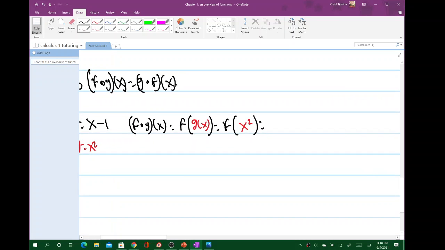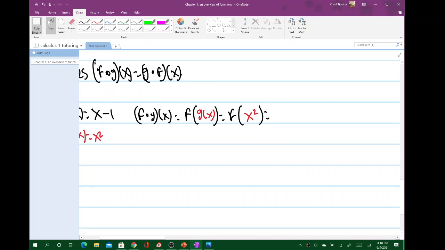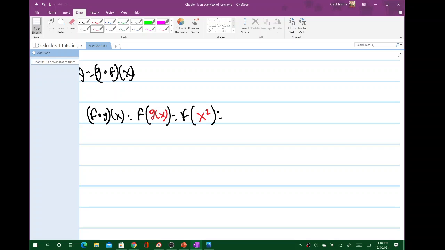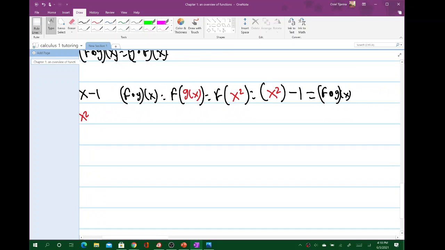That means for every x value in f of x, I'm going to put x squared, okay? So it's going to be the quantity x squared minus 1. This is f composed with g of x. I know it looks like a little o, but it's composition, like f composed with g. So that means that f of g of x equals x squared minus 1.